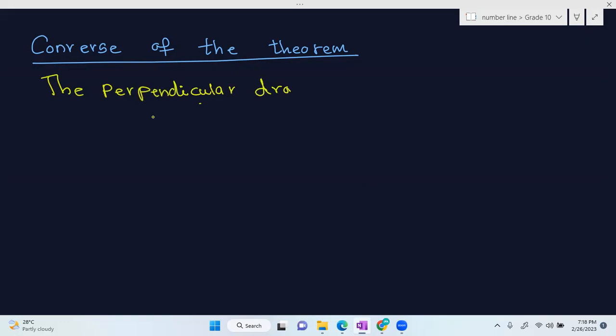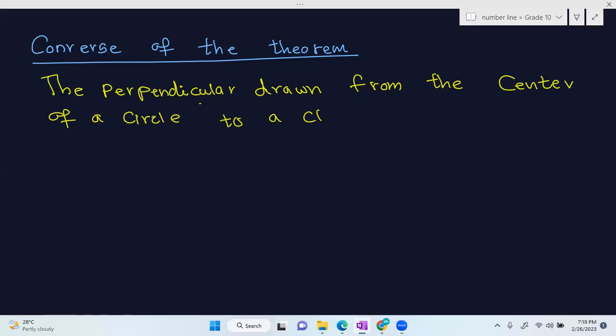You can write: the perpendicular drawn from the center of a circle to a chord bisects the chord.